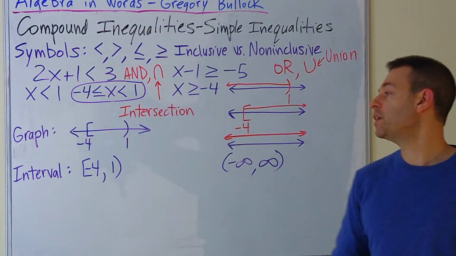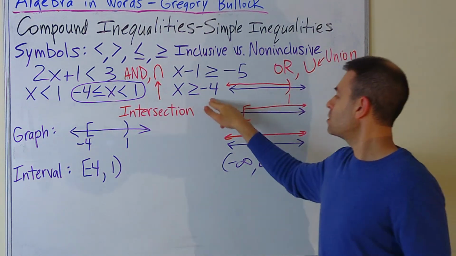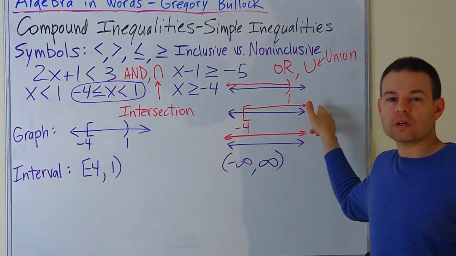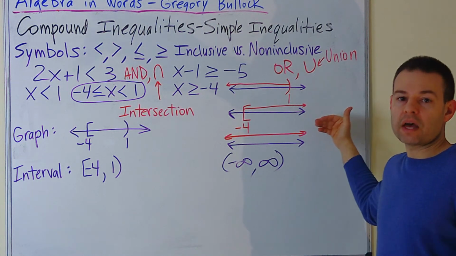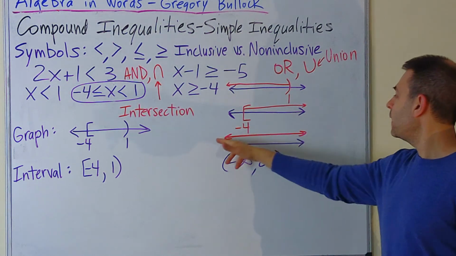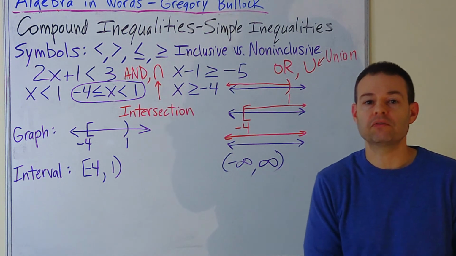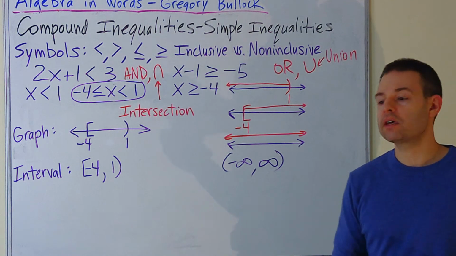So in summary, when we used or for both this simple inequality and this one, and we took each of their graphs and sort of combined them or added them or made a union of them, it happened to be that it accounts for all possible values of x. And therefore, we can show the interval notation like this.